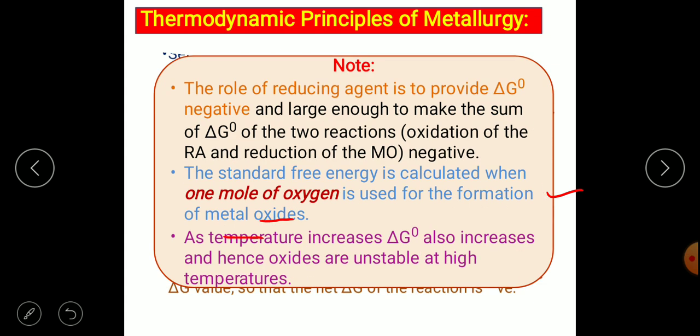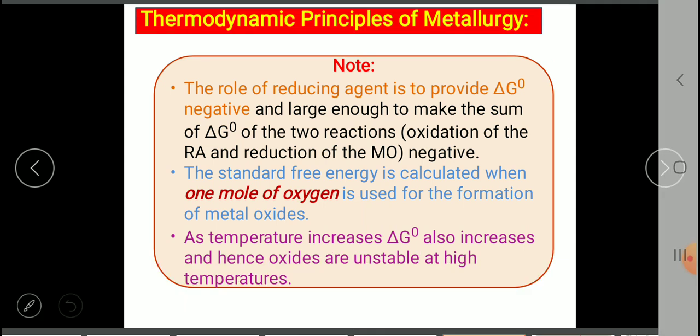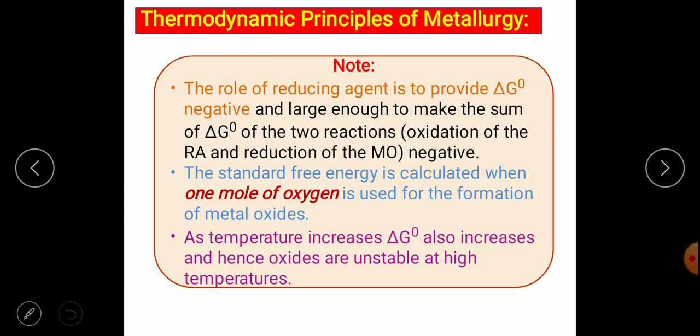The role of the reducing agent is to provide a negative delta G naught. The reducing agent should provide a delta G naught, that is the standard state free energy, negative and large enough to make the sum of the delta G naught of the two reactions, that is oxidation of the reducing agent and reduction of the metal oxide, negative.